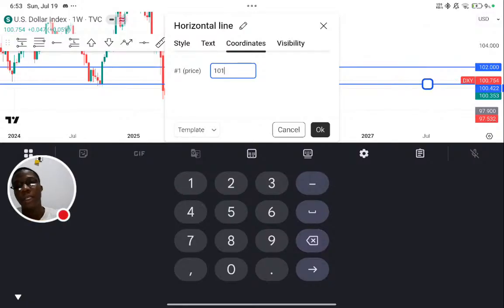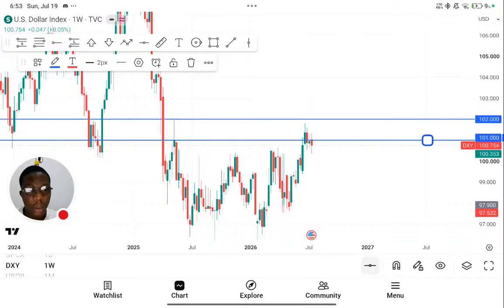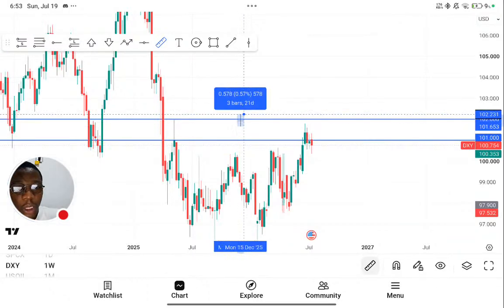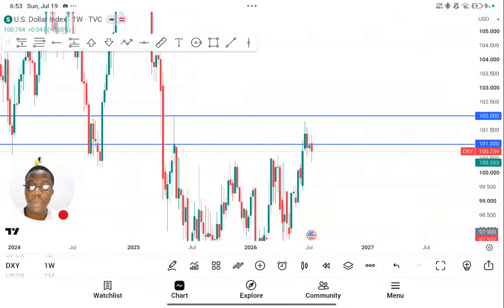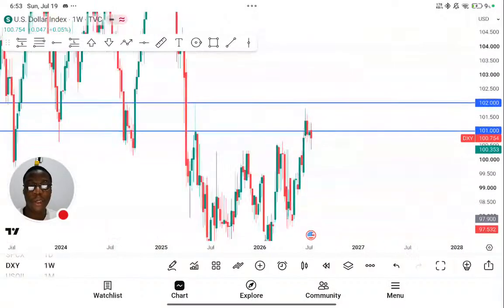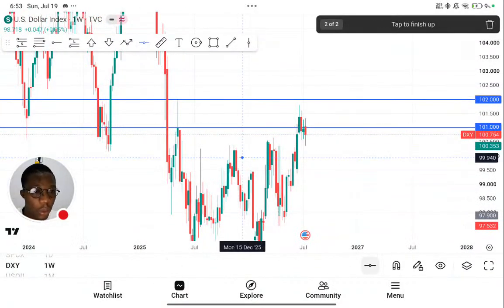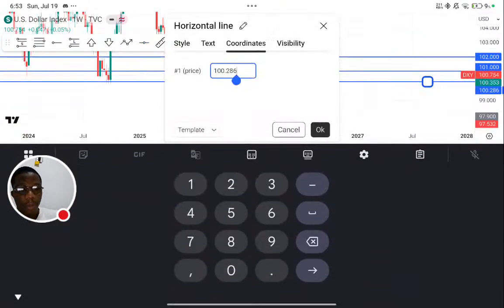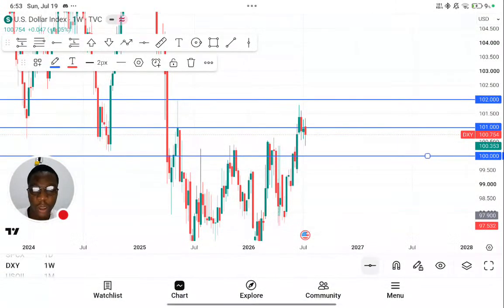It's a 100 pips difference, in case you're wondering. Go on any chart, because if I use these two to measure, you see that it's like 1,000 points, 100 pips, whatever you may call it. So we got 100.